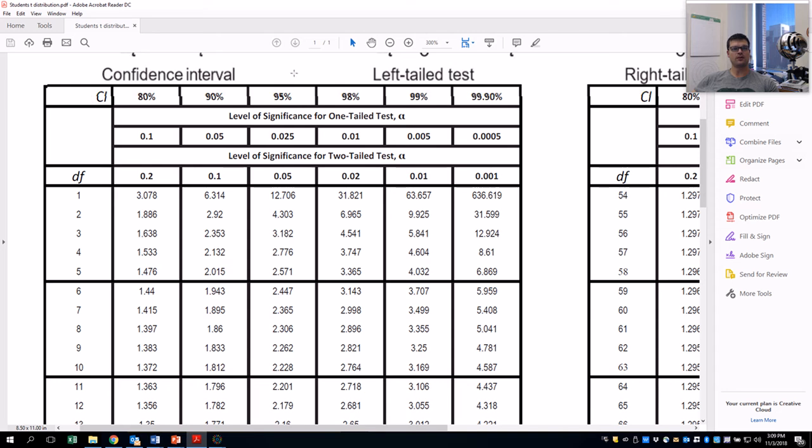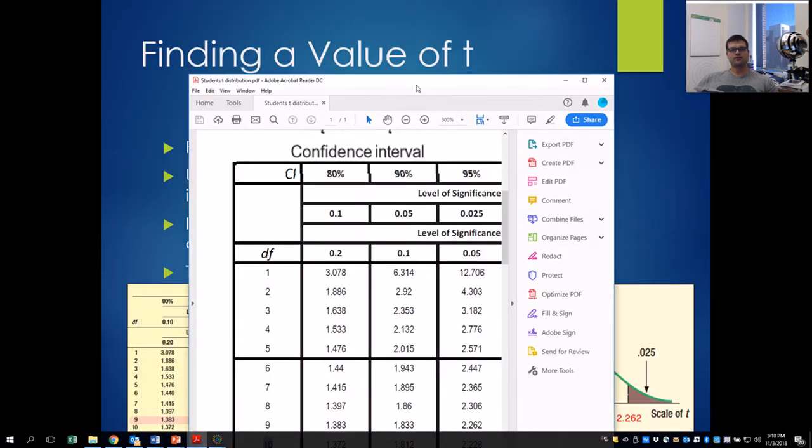Then you have the confidence level up here, so for 95 and 9, the value is 2.262. If we had 11 in our sample, the degrees of freedom would be 10, and at 95% confidence the value would be 2.228.